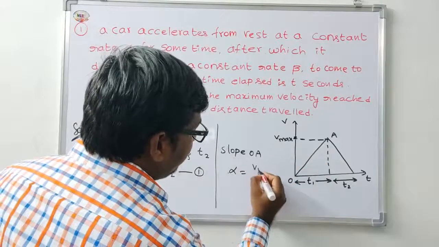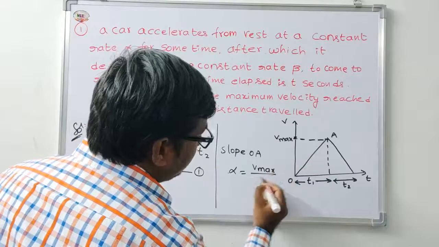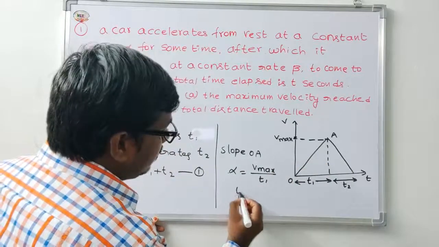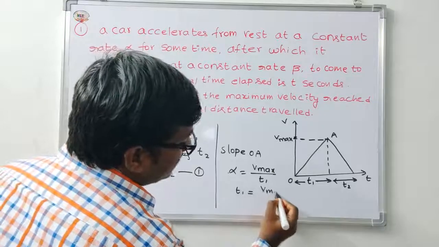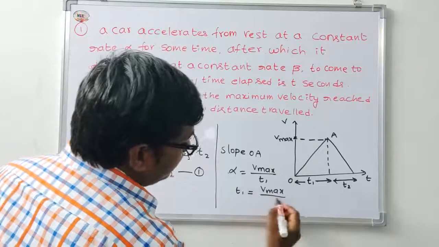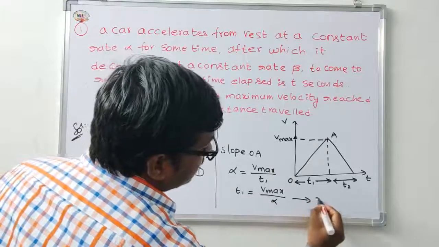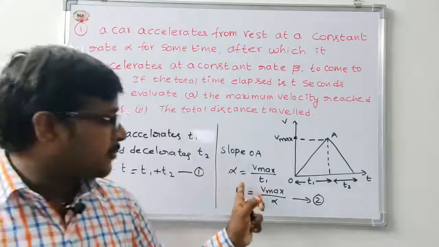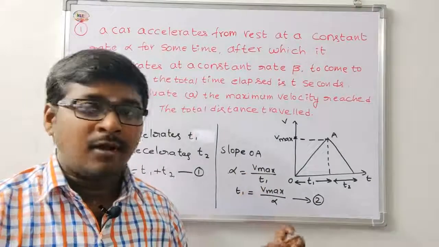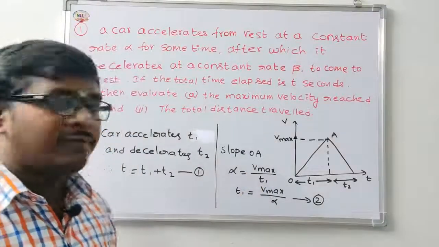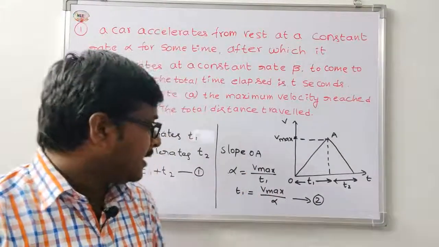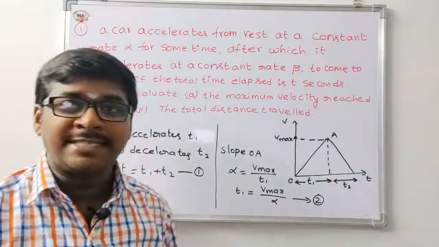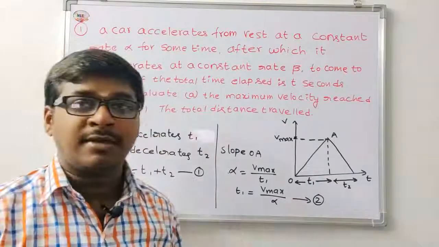The opposite side is v maximum and the adjacent side is t1. So alpha is equal to v maximum by t1, then t1 is equal to v maximum by alpha. This is equation number 2.